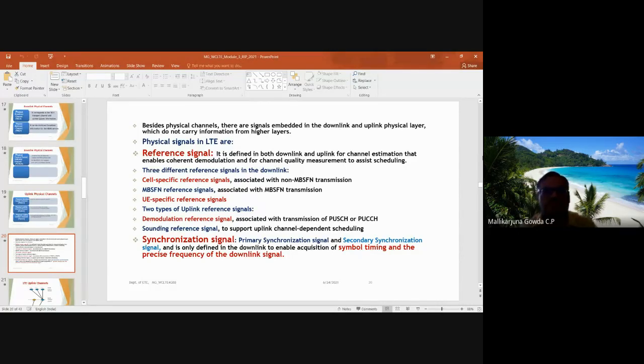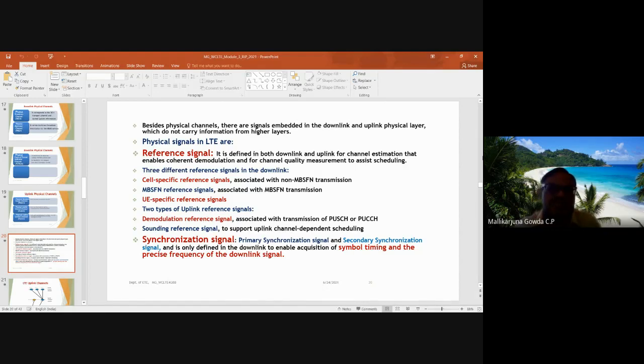In addition to that, we have three different reference signals in the downlink.